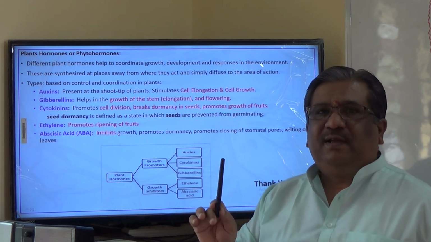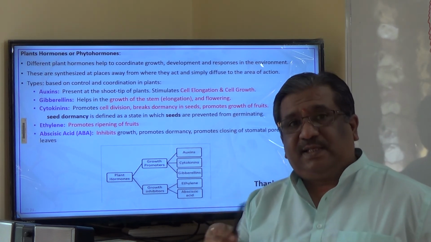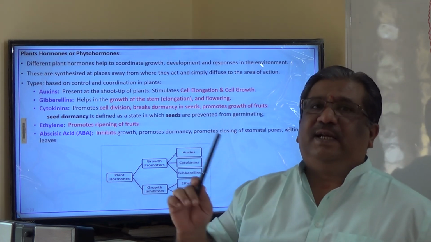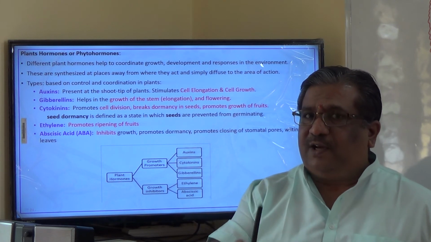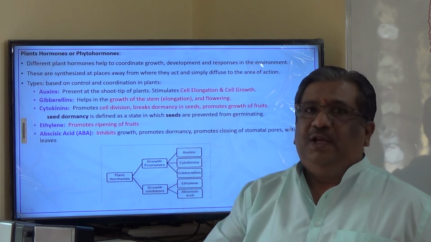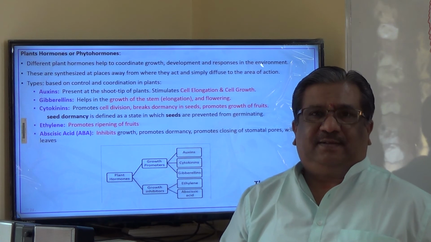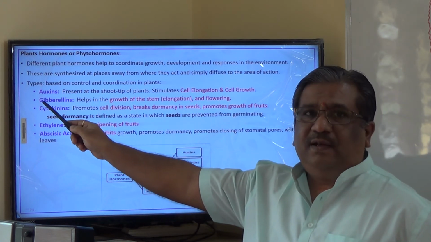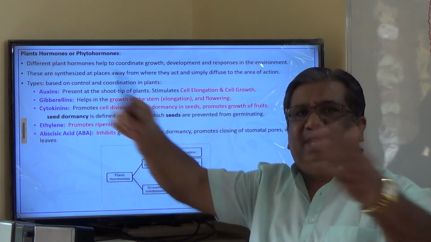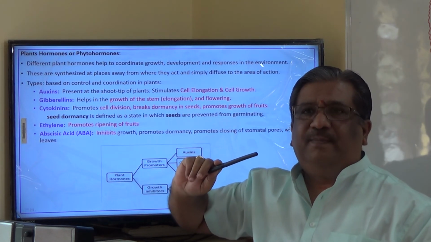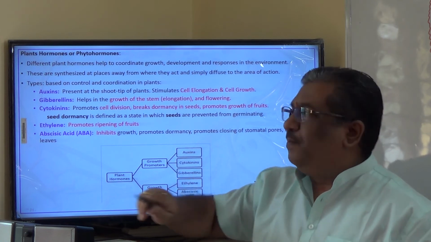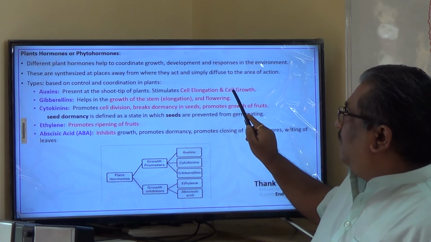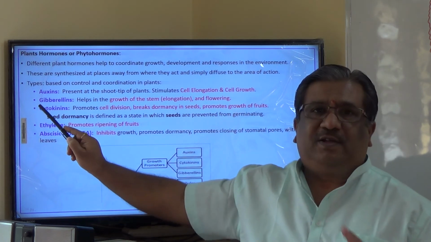But after reading 6-7 points also, when a question comes, what is the plant hormone responsible for cell elongation, you will not be able to answer unless you have read this very clearly. Auxin, even though it is responsible for the growth of plants, shoots and tips of the roots and shoots, I stick to this point: cell elongation and cell growth is controlled by auxin.